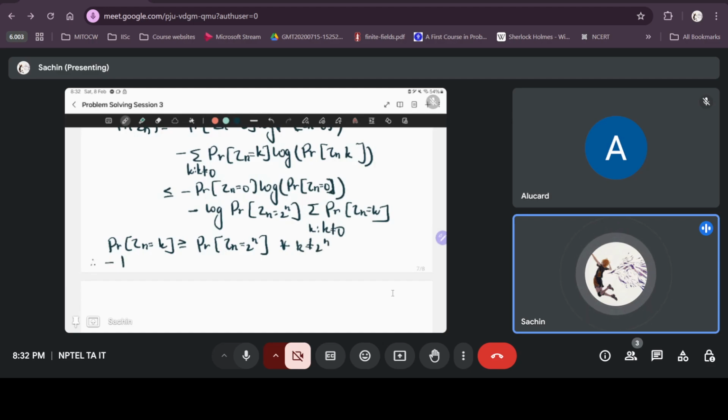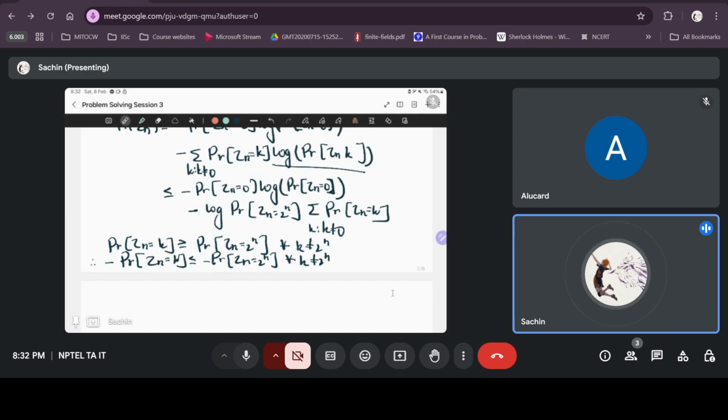Therefore, the negative of that probability Zn equals k is less than or equal to negative value of probability Zn equals 2 power n for all k not equal to 2 power n. So each of these log values is less than or equal to log of probability Zn equals 2 power n.